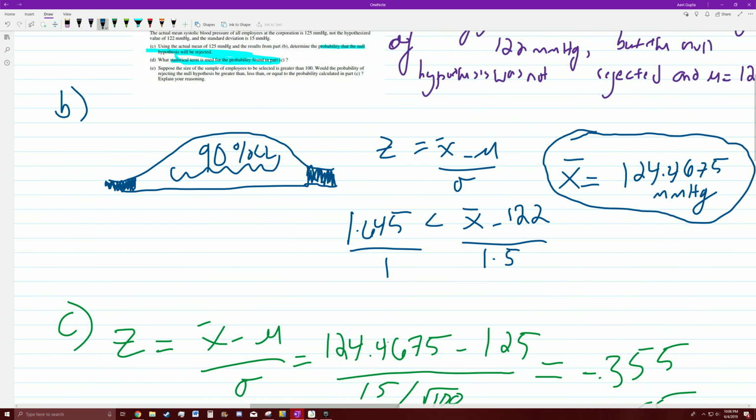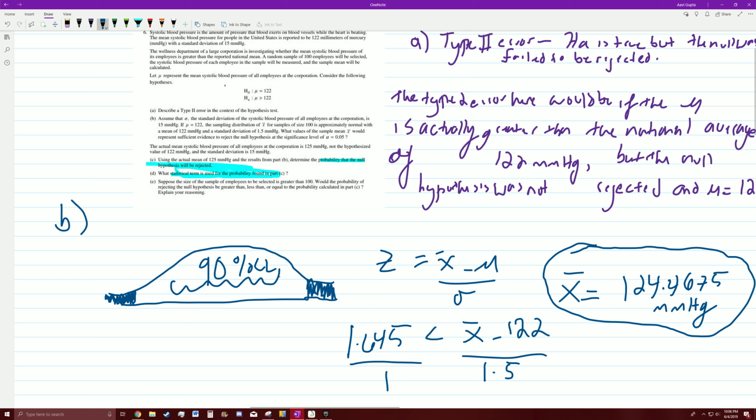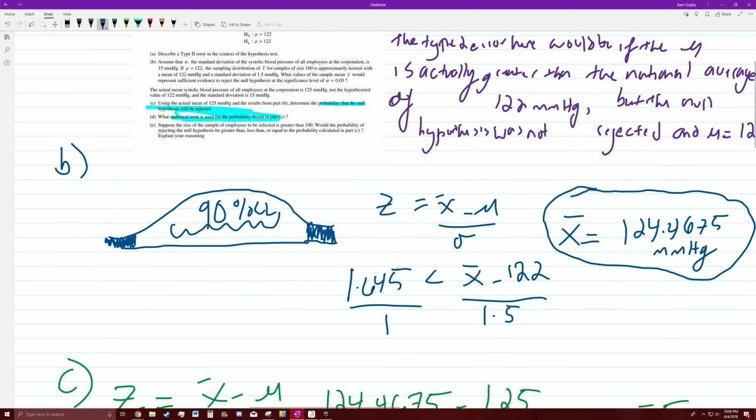Now another little trick is to realize this. All they're doing is changing the sample size. So this 1.645 needs to stay constant, right? Then I believe this 1.5, for example, let's test this out. We know that 15 divided by the square root of 100 is 1.5. So what if we increase the sample size now to another perfect square to make this easy, 400?